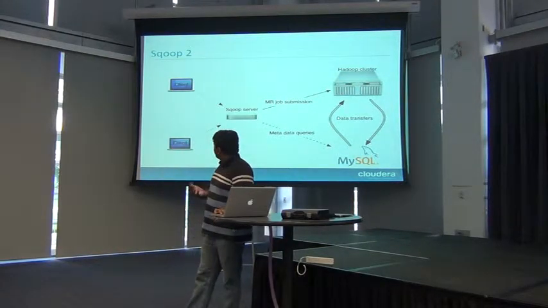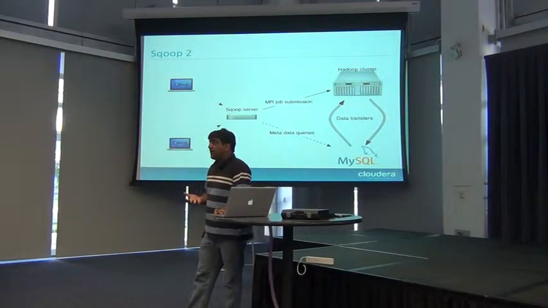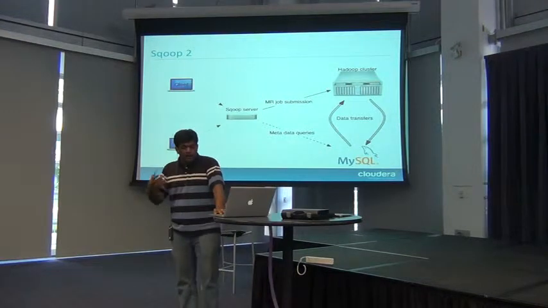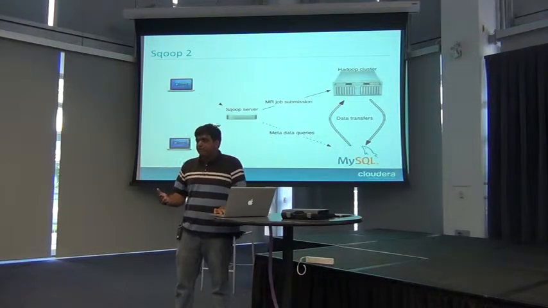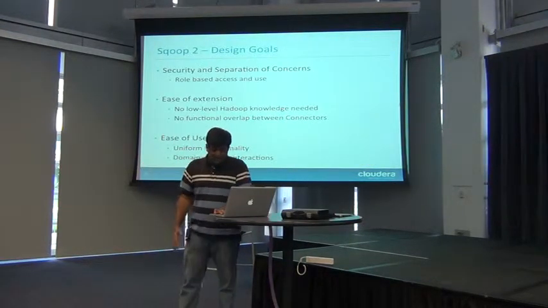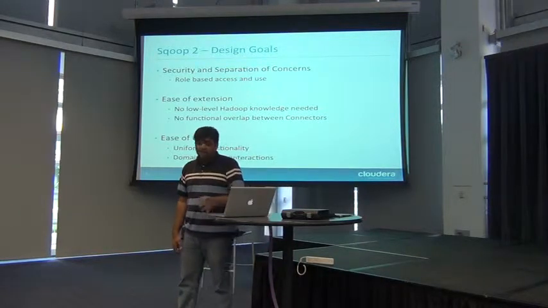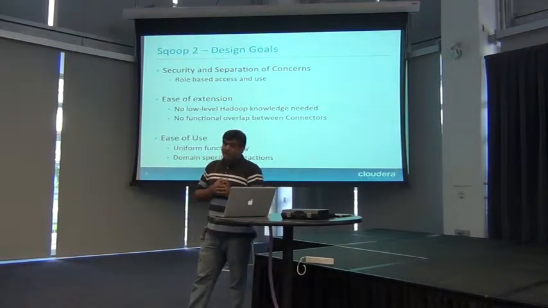We had a bunch of goals when we actually started designing it. I wouldn't say I was a part of the design because I actually wasn't involved with the Sqoop project at the time, but I have been involved with the Sqoop project for some time to know that most of these are very valid concerns. So the first thing was the aspect of security and separation of concerns.